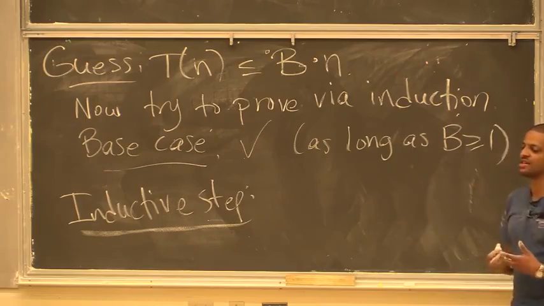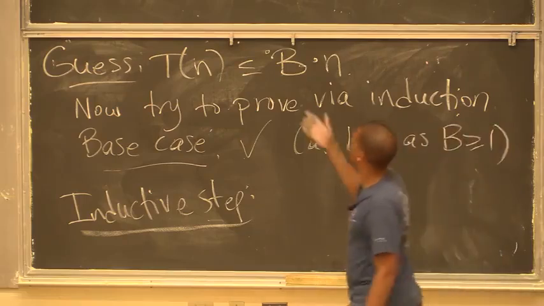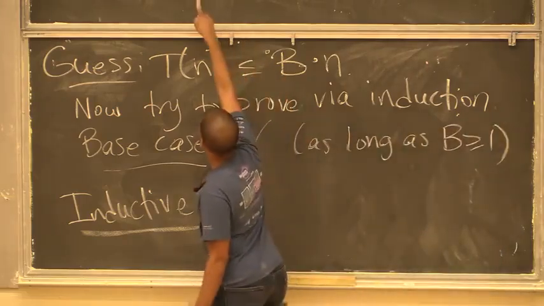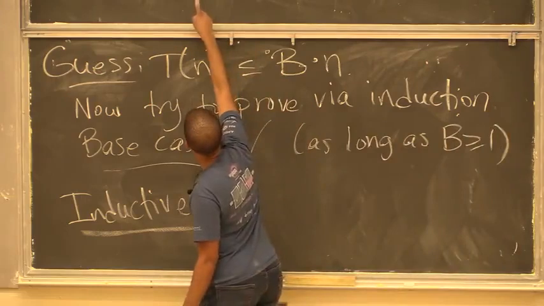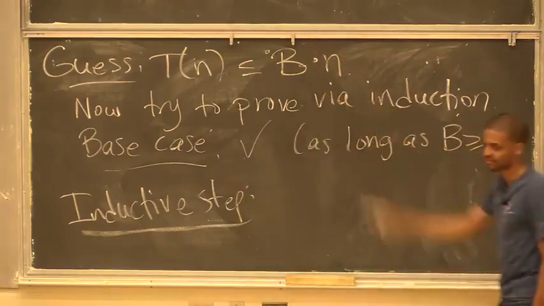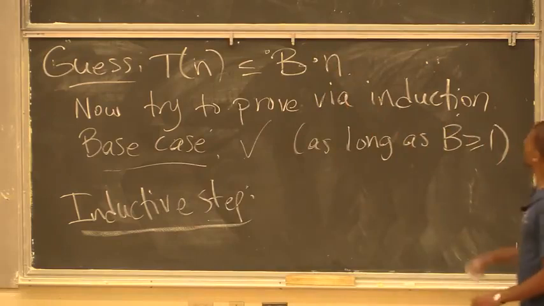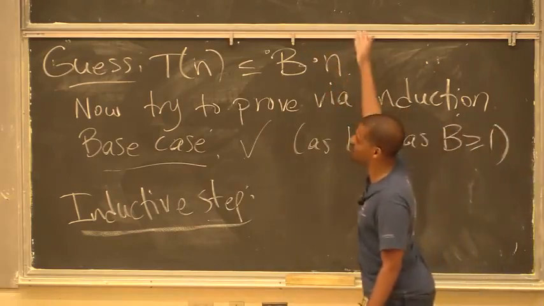Strong induction is for all values less than n plus 1, together they imply n plus 1. So I'm going to assume by the inductive hypothesis that it's true for both n over 5 and for 7n over 10. Both of them are at most b times those values of n.